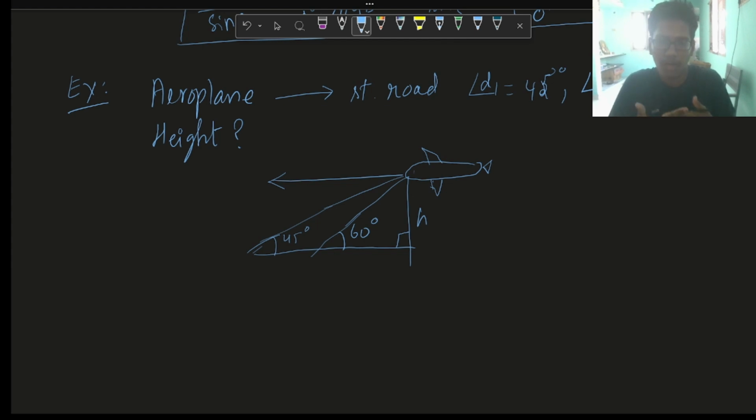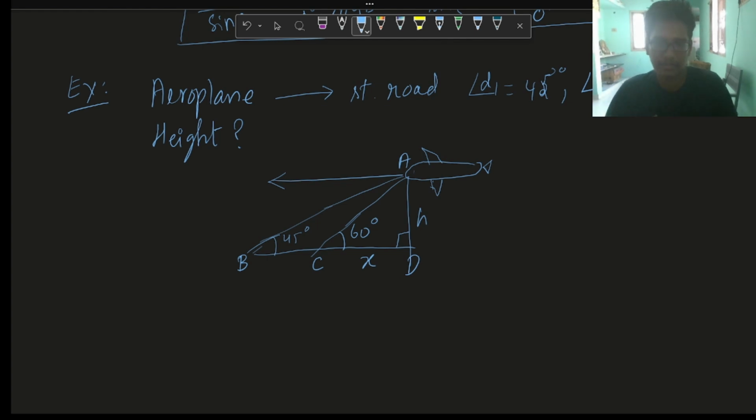The farther you go, the angle would be less, and the nearer you come, the angle would be more. That's the thing you have to follow here. So let's name this A, B, C, and D, and let's name this CD as X.